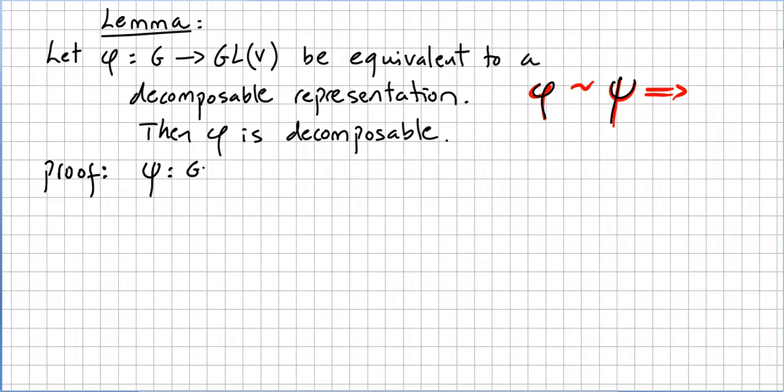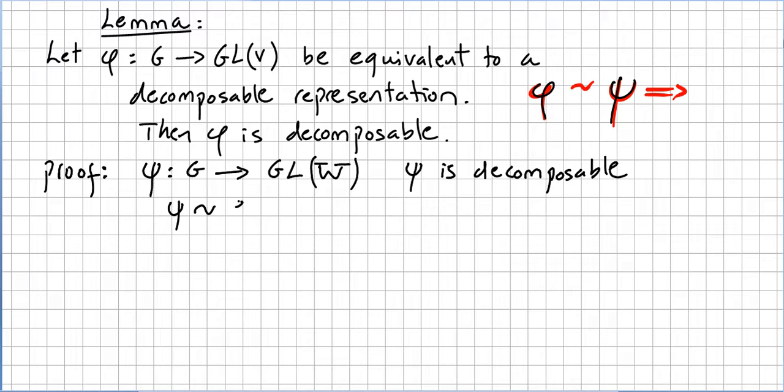Psi will be a representation from G to GL of a vector space, let us say W. It doesn't have to be the same vector space. Psi is decomposable, and psi is equivalent to phi.